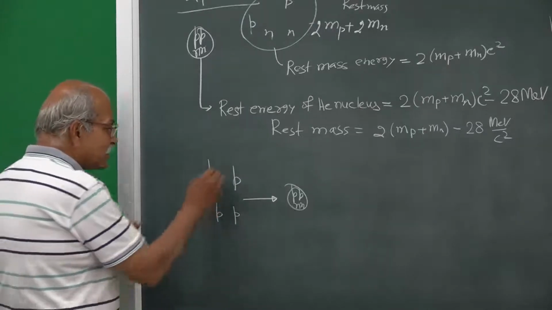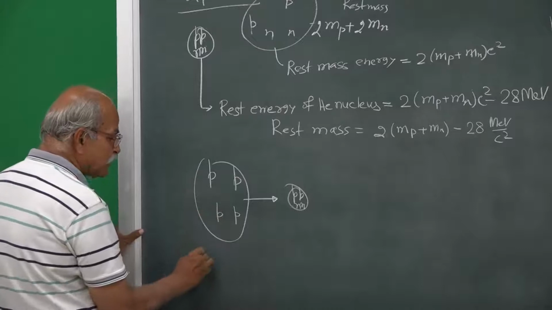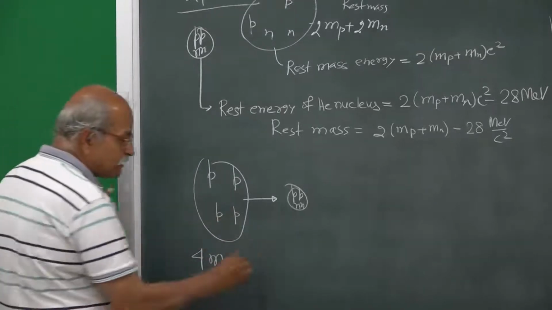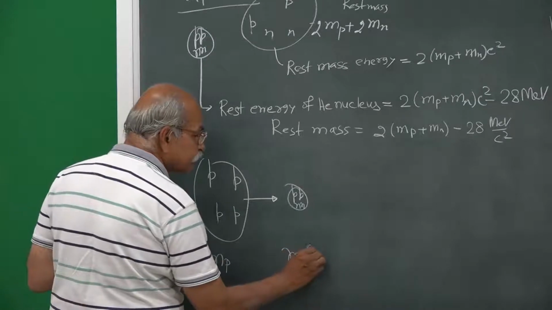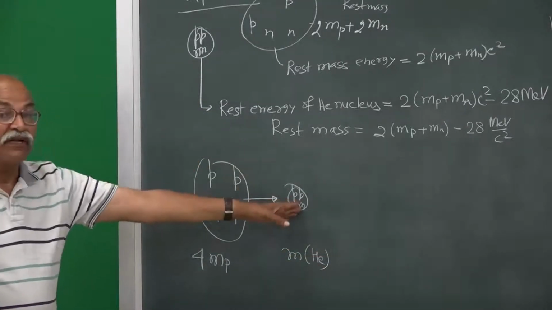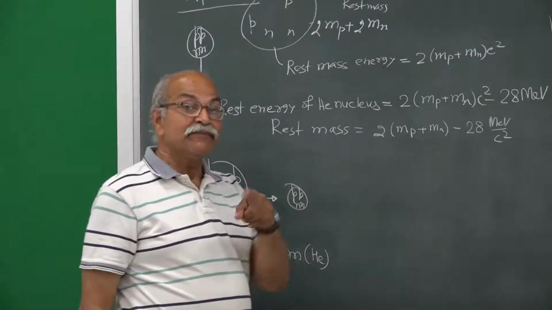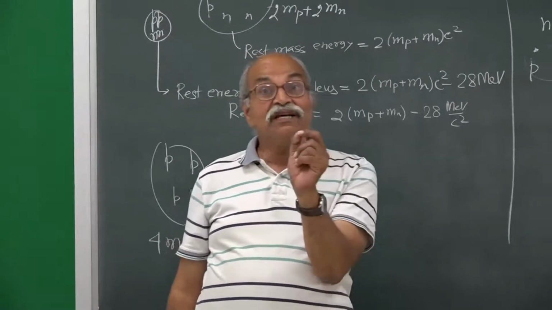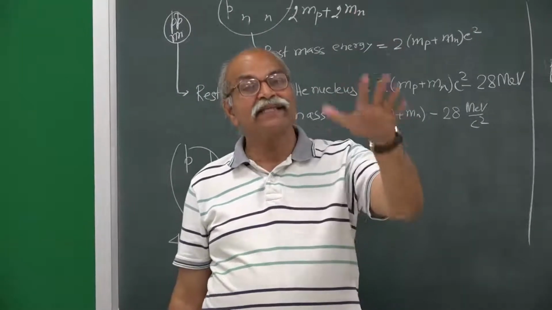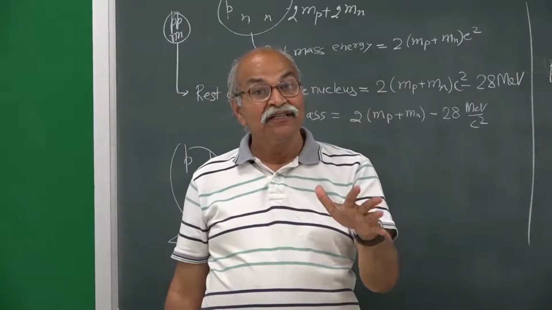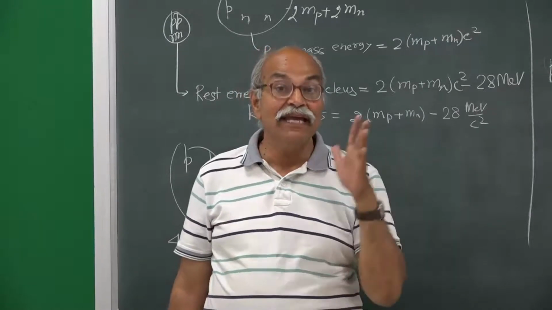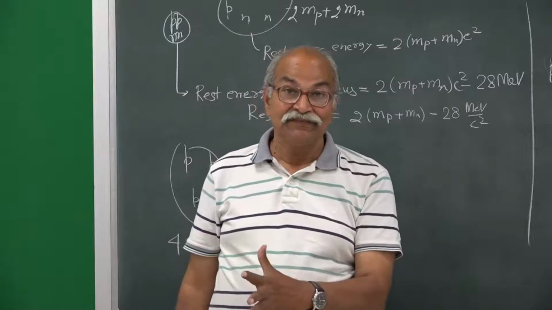Remember, if a proton becomes a neutron, the rest mass increases, because the rest mass of a neutron is slightly more than the rest mass of a proton. Neutron is slightly heavier than proton.